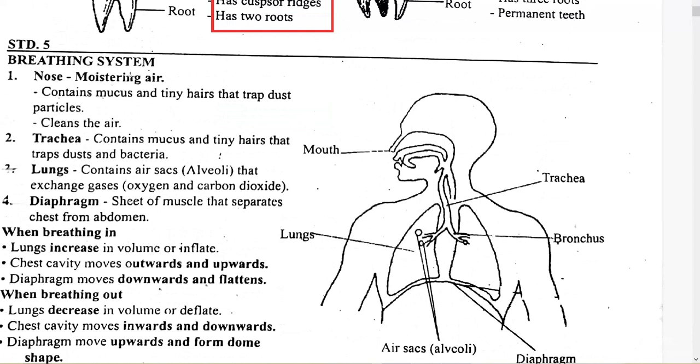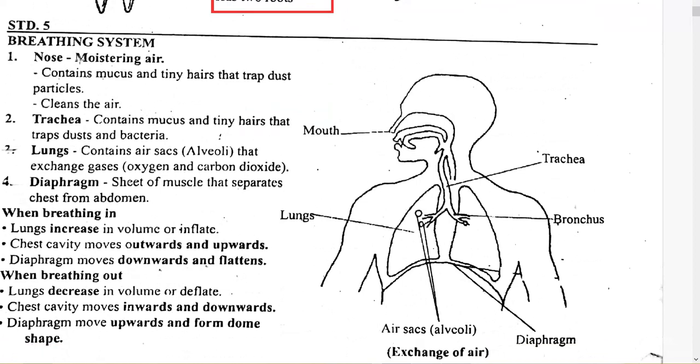Standard 5 breathing system. So we use the nose for breathing. There are hairs that are found in the nose. You should know the functions. The nose contains mucus and tiny hairs that trap dust particles. It is also used to clean the air.